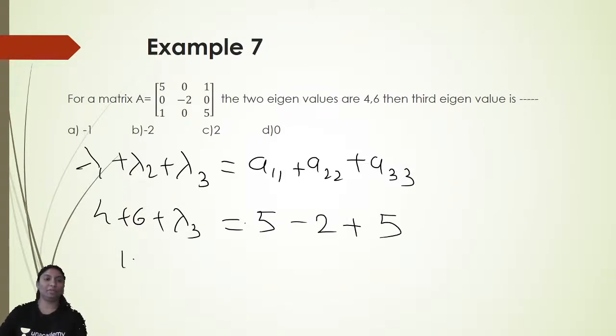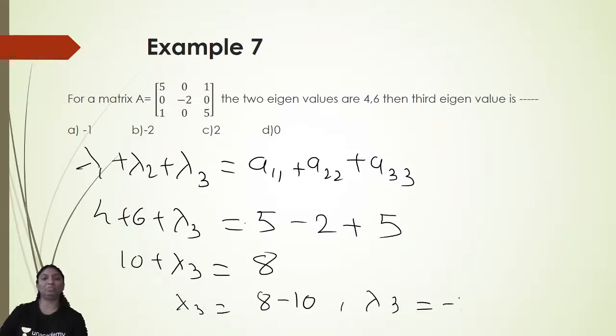So 10 plus lambda 3 is equal to 5 minus 2, 3 plus 5, so 8. So lambda 3 is equal to 8 minus 10, that is lambda 3 is equal to minus 2. So it's option number B. Okay.